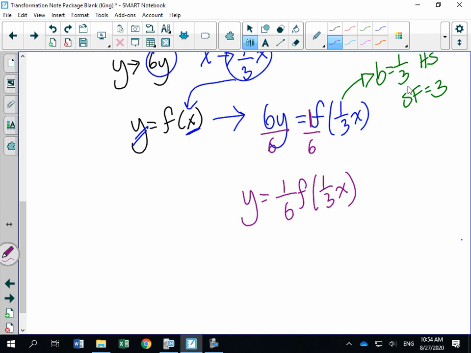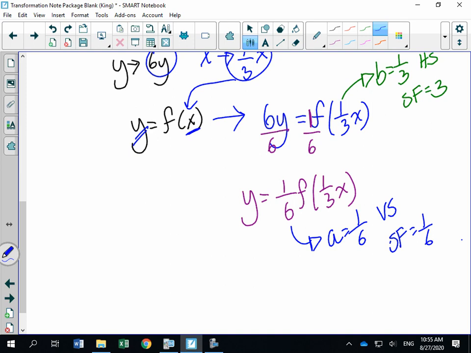So we've already done the b value, which is 1/3, and now I have my a value. The a value is always in front of your function, right? So my a value is equal to 1/6. That is a vertical stretch, and the stretch factor is equal to whatever that a value is. So the a value is 1/6.